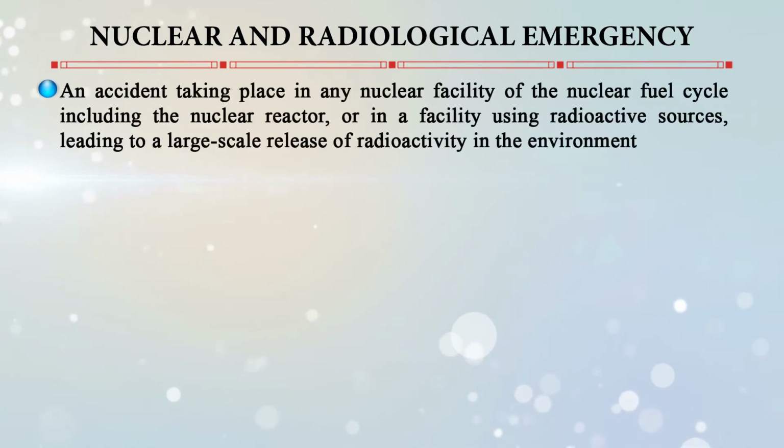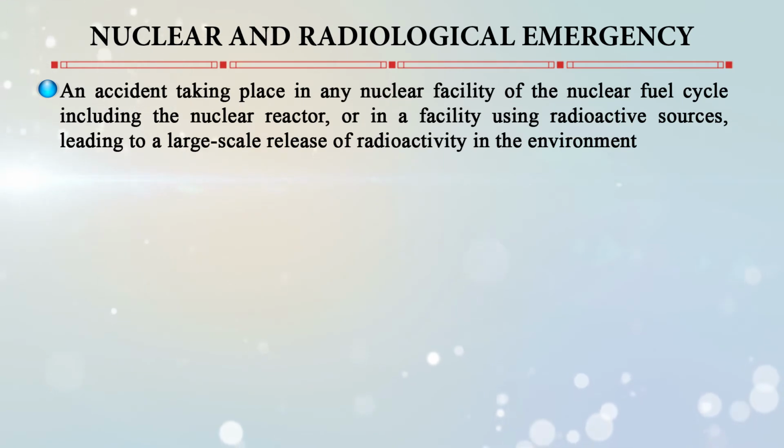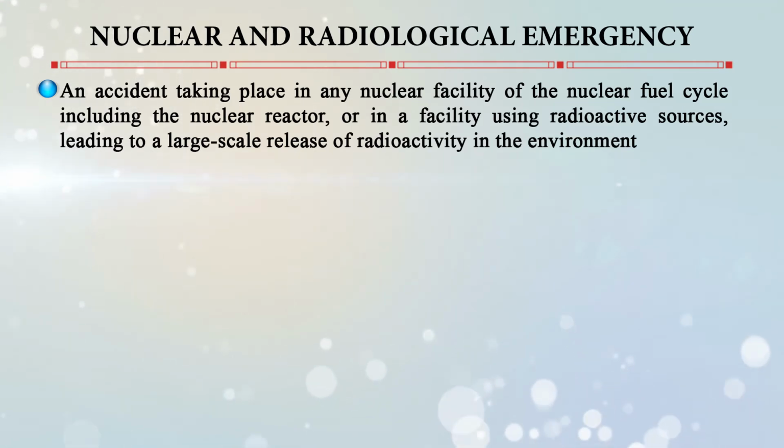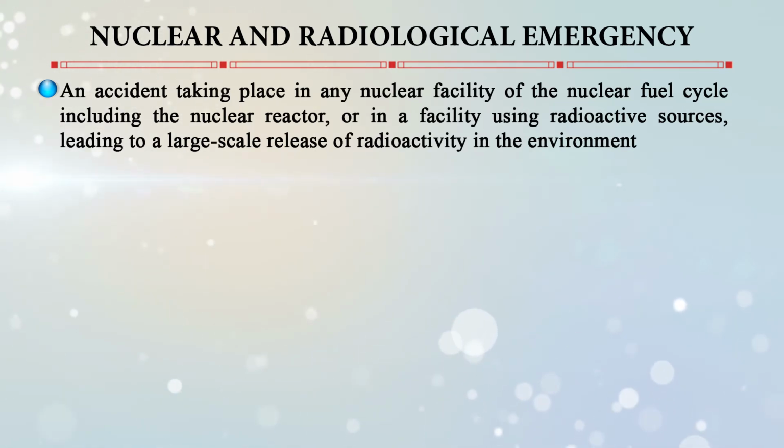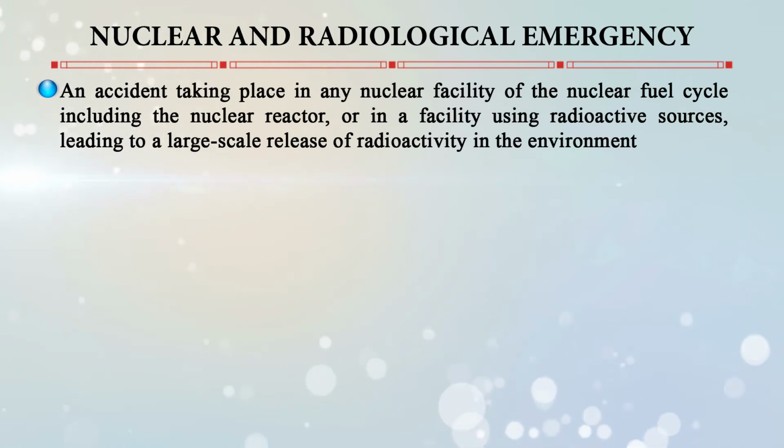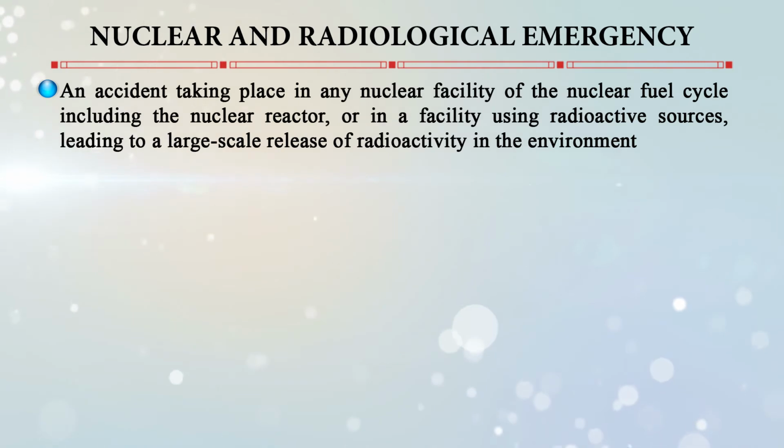These emergencies can be classified into 5 broad categories as given here. First, an accident taking place in any nuclear facility of the nuclear fuel cycle, including a nuclear reactor, or in a facility that is using radioactive sources, that can lead to a large scale release of radioactivity in the environment.